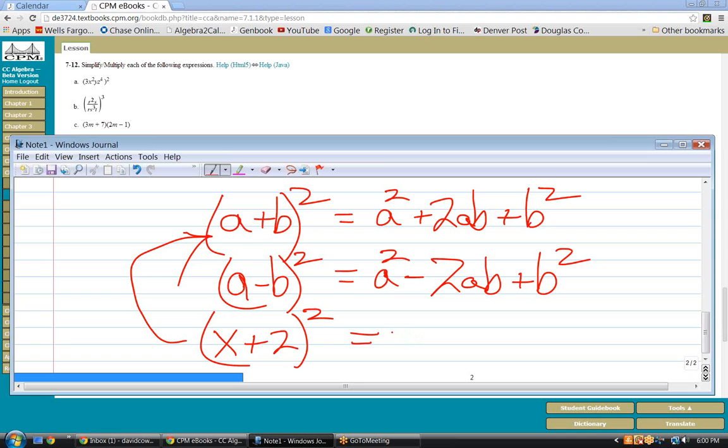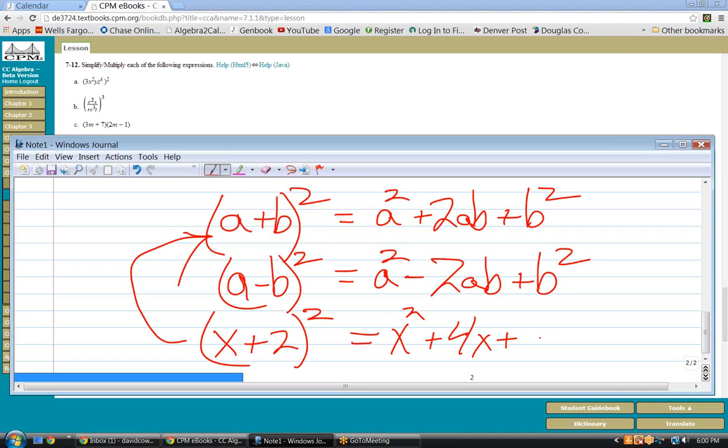Okay, it's x squared plus... is it 4x squared? Just 4x? No. Because it's 2 times x times 2. So it's 4x.